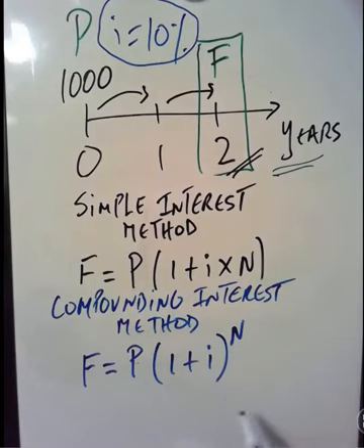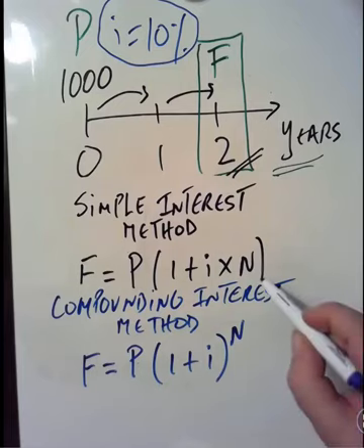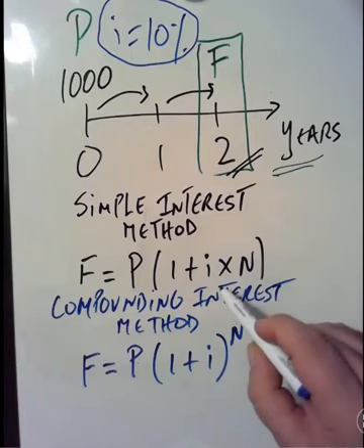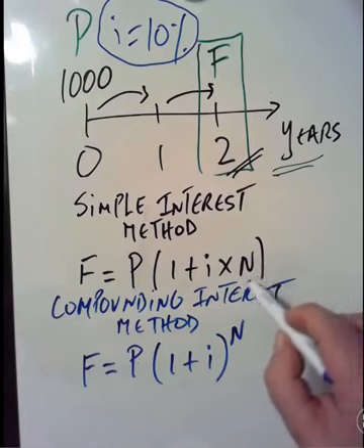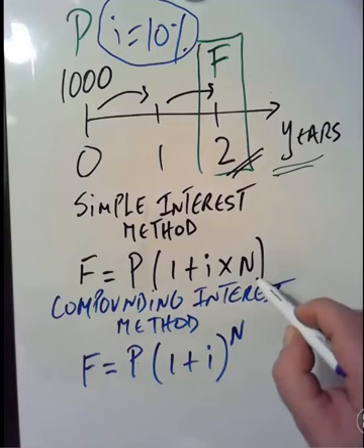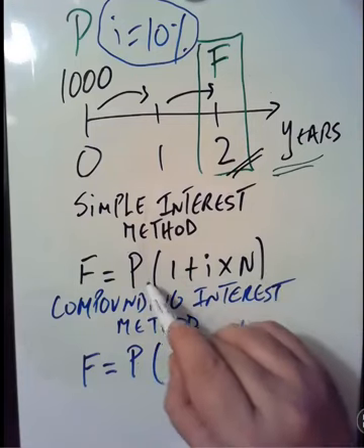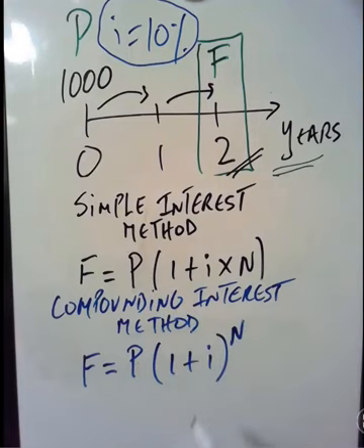So you can see that this is an exponential formula. Interest accumulates exponentially. In other words, in the simple interest method you are always earning interest on the amount that you first invested. Whereas for the compounding interest method, you are earning interest on the amount that is in the investment at the beginning of each compounding period.